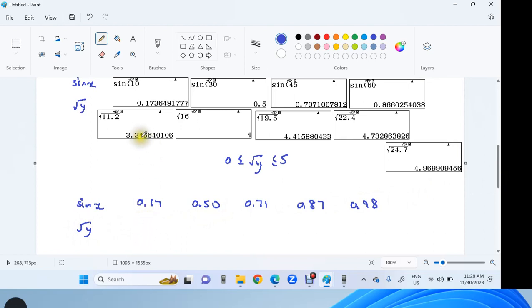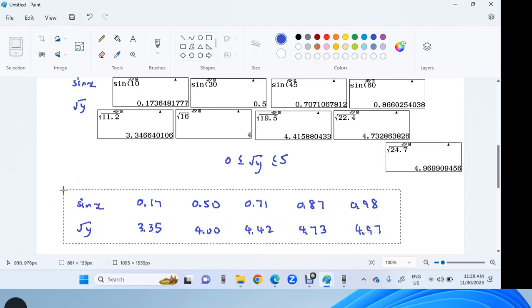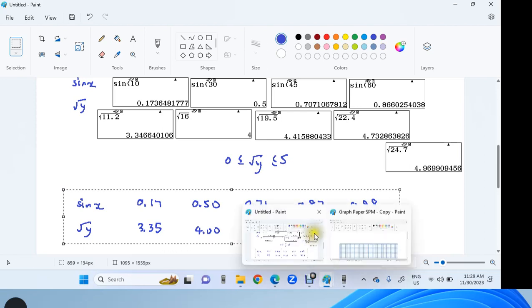So for this one, I also put two decimal places: 3.35, 4.00, 4.42, 4.73, 4.97. So this is the value that I need to plot.